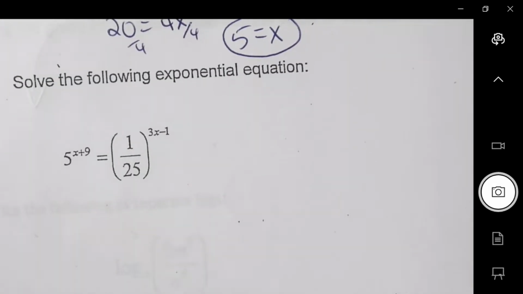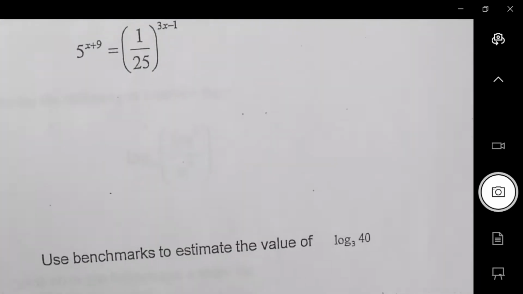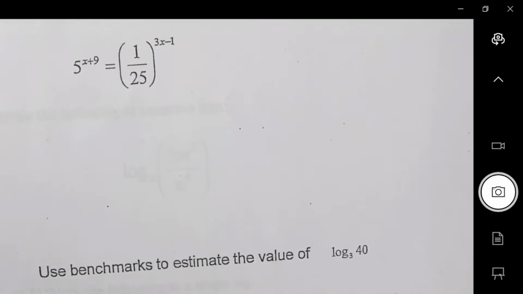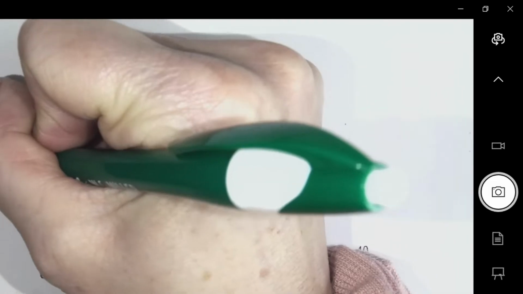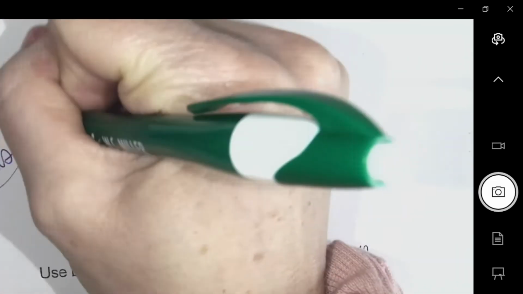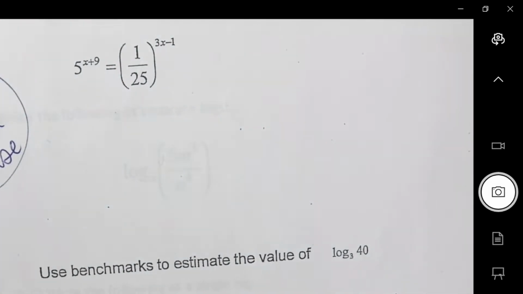Okay, next. When you look at this, what strategy type is it? Same base question. That's the type. Same base. So the 5 and the 1 over 25 could both be written with a base of 5.